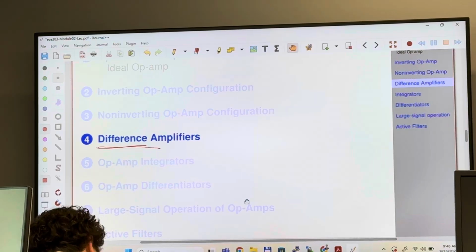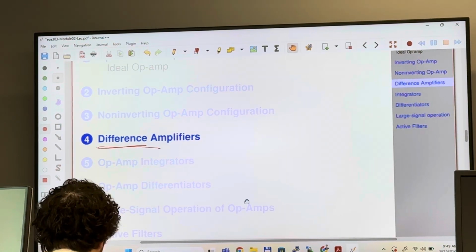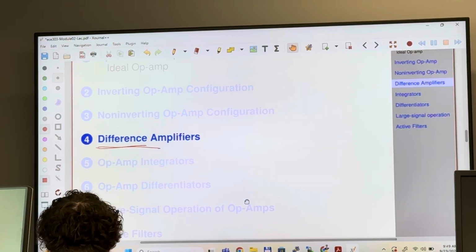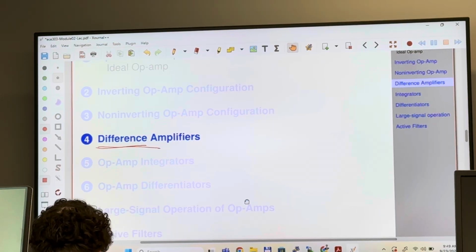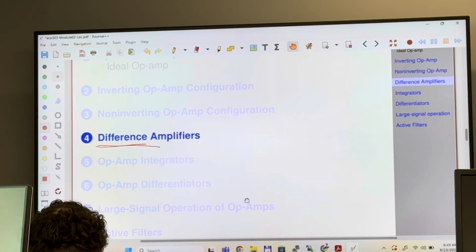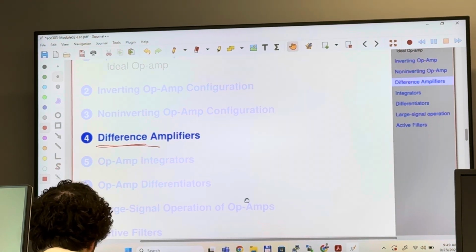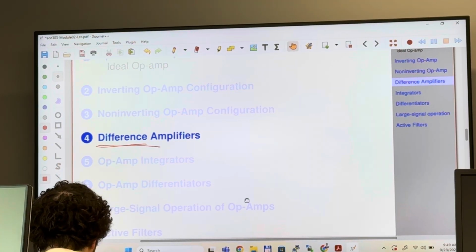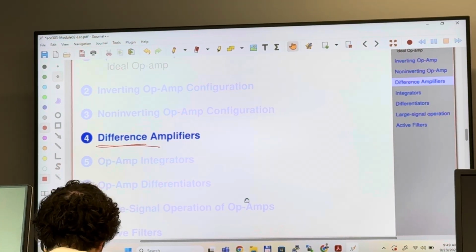Now, these signals are basically the difference signals, and what the manufacturers want to avoid when they build sensors is noise. They want to avoid noise coming from the common inputs, which is basically the common signal between two inputs, and those common signals are usually noise.